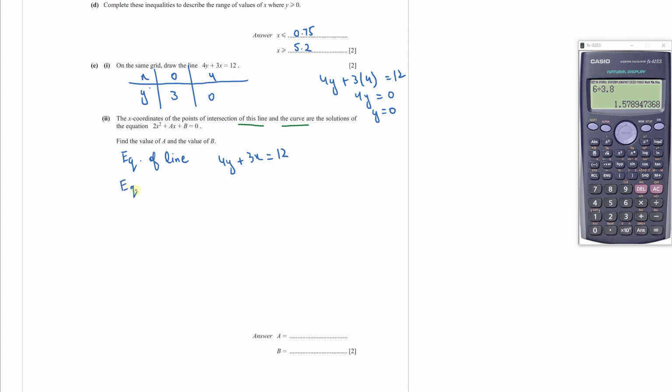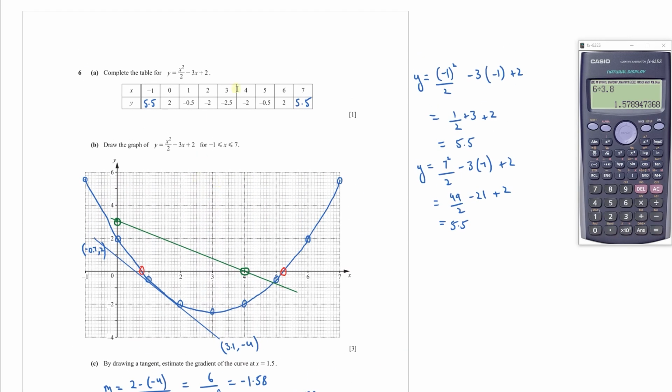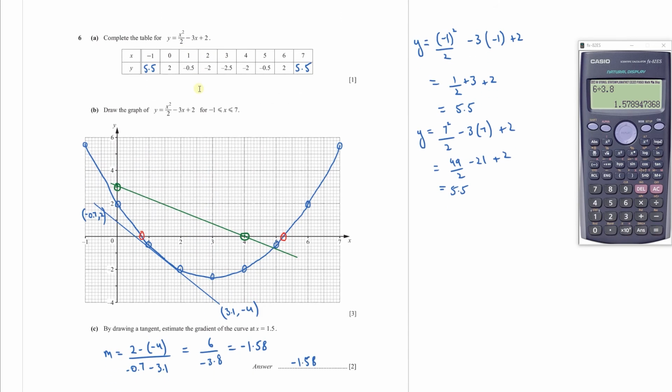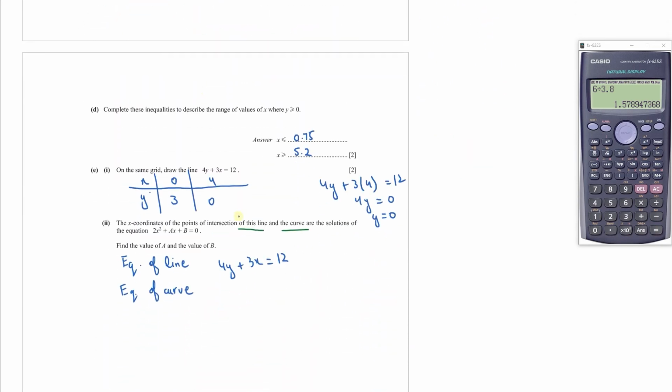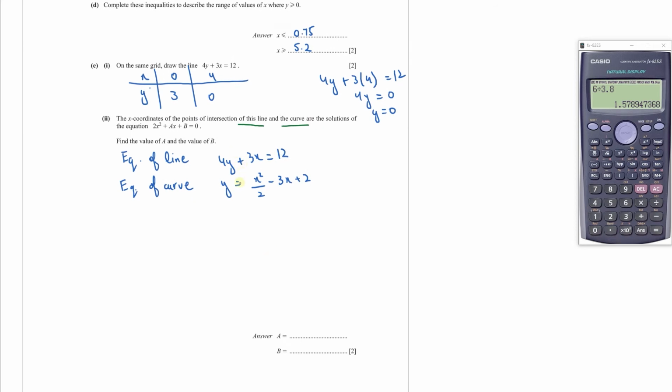And the equation of the curve is, let's look at that, y equals x squared over 2 minus 3x plus 2. So if you solve these two equations simultaneously, eliminating the variable y, you will end up with this equation. We can eliminate the variable y, write the equation in this form, and then compare with this to find the values of a and b.